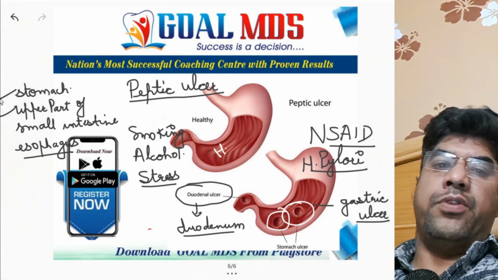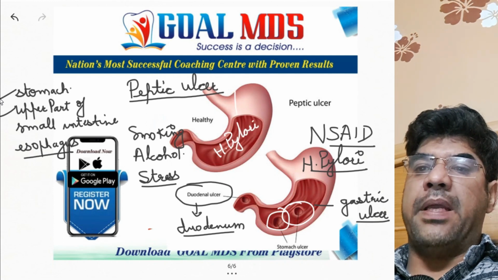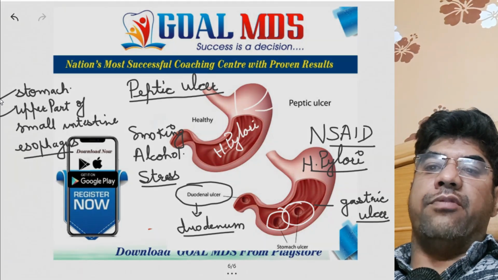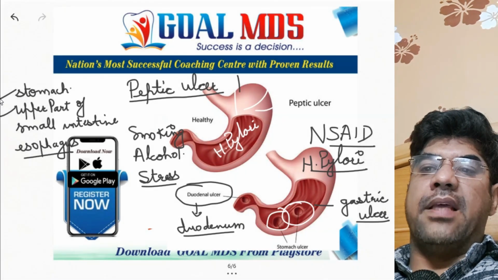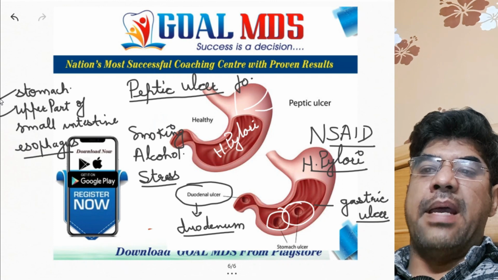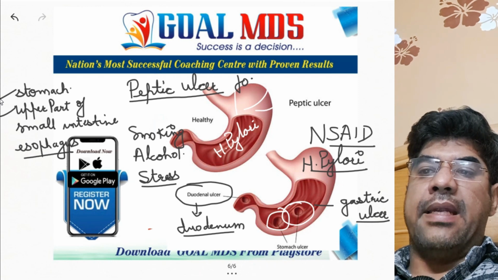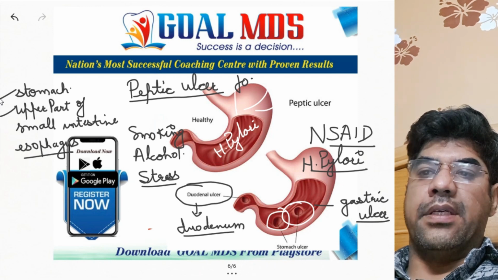So you should understand how H. pylori causes peptic ulcers. When the bacteria infect the lining of the stomach or the duodenum, they cause inflammation and damage to the protective mucus layer, allowing the stomach acid to reach the lining, and that acid can cause an ulcer.